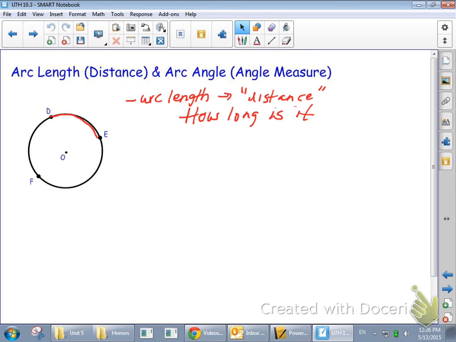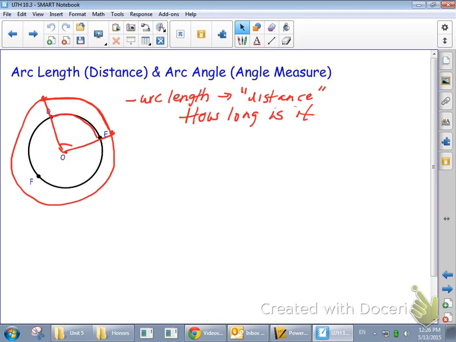Okay, let's see if I can just hand draw another circle in here. It's supposed to be a good circle with the center O, and I have a point out here, D and E. Say I'm connecting here, so they both come from the same angle measure.